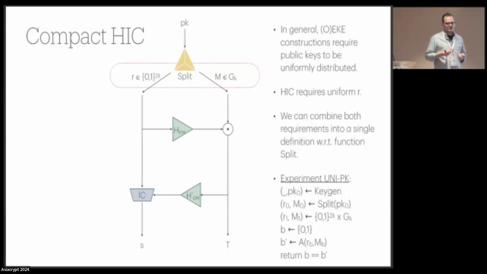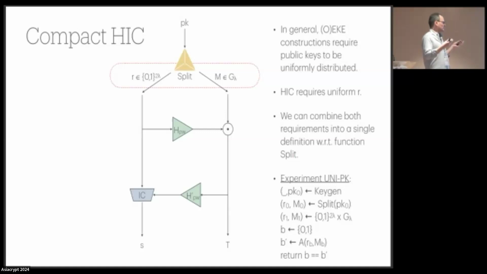In general, for this EKE or OEKE construction, it is required that the public keys are uniformly distributed, or look uniformly distributed. And for the EKE construction, we know that this R part must also look uniformly distributed.